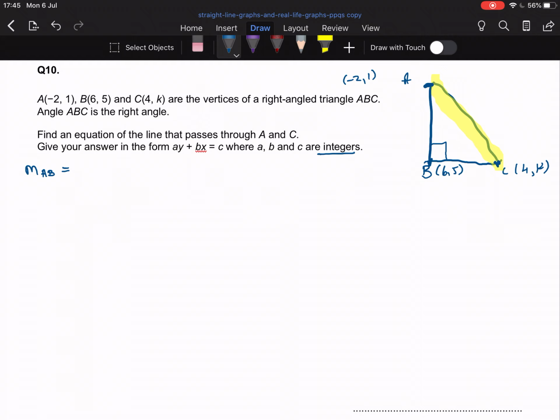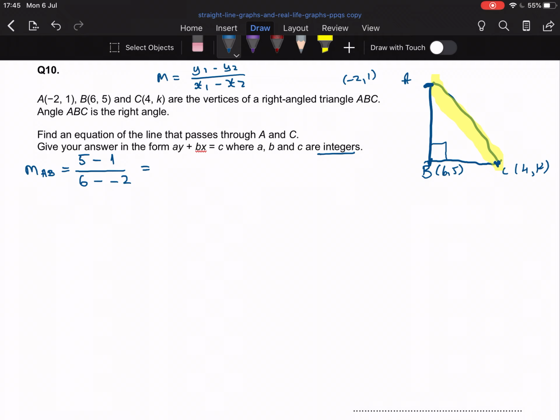So I'm going to start with point B. So I'm going to say 5 minus 1 over 6, which is the x coordinate of point B, take away minus 2, which is the x coordinate of point A. So I'm just applying the formula for gradient, which is y1 minus y2 over x1 minus x2. It doesn't matter what coordinates you use as long as you use them in the same order.